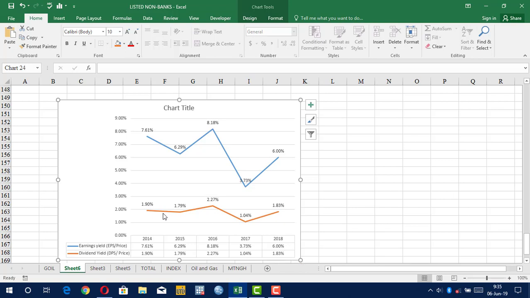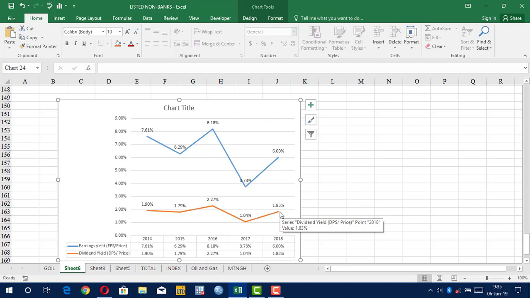So it was stable in the first 2 years, 2014 and 2015. In 2016 it went as high as 2.27%, in 2017 it declined to 1.04%, and in 2018 went up to 1.83%.